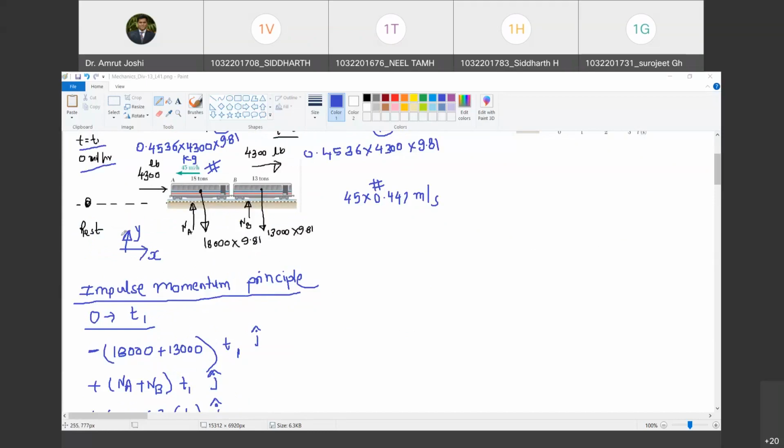So if j cap is a unit vector along positive y, then I can say the impulse of the weight of bogies during time 0 to t1 will be equal to minus 18,000 plus 13,000 into 9.81 into t1 into j cap. But minus sign, minus y, because it is in contrary direction, downward to positive y. Are you with me? Okay. Let us go ahead.